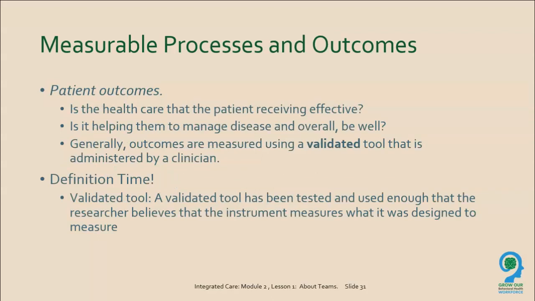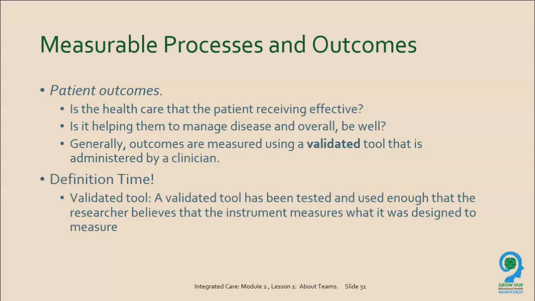Patient outcomes. We want to know, is the health care that the patient is receiving effective? Is it helping them to manage disease and overall be well? Generally, outcomes are measured using a validated tool that is administered by a clinician.